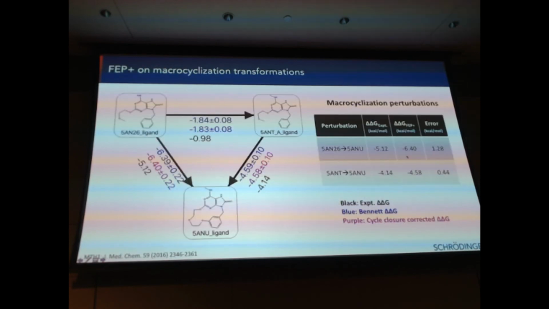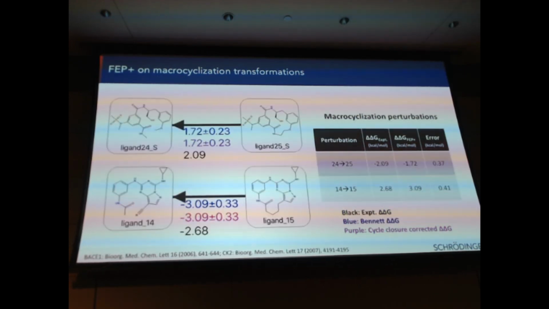So here's one example. The receptor is MTH1. In this case, cyclizing the linear molecule into a macrocycle increased the binding potency significantly, by about 4 to 5 kcal. And this is accurately calculated by the FEP method. Another two examples.